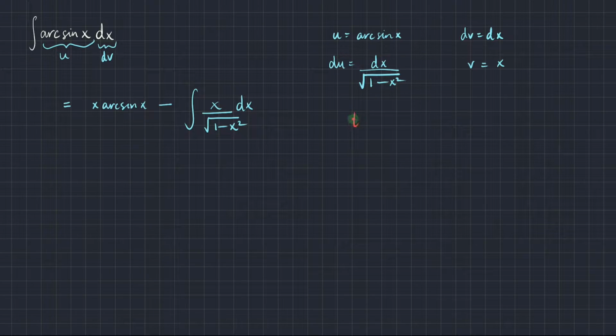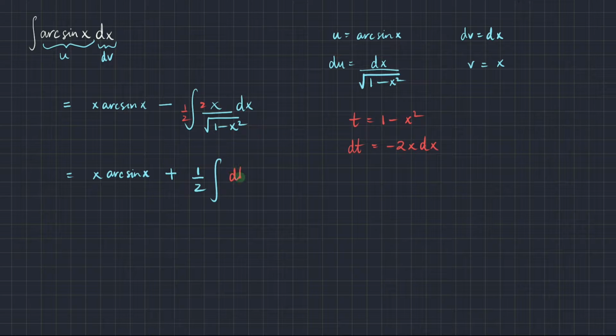We can set t to be 1 minus x squared, which gives us dt is negative 2x dx. Just multiplying and dividing by 2, we should get plus half times the integral of dt over square root of t.